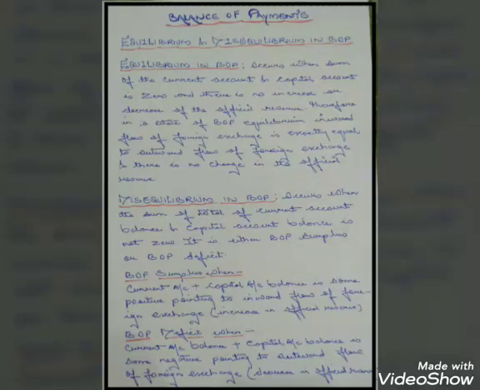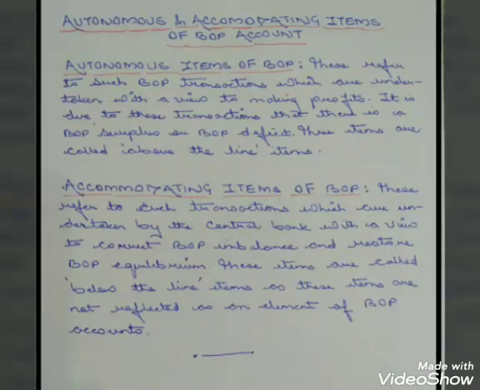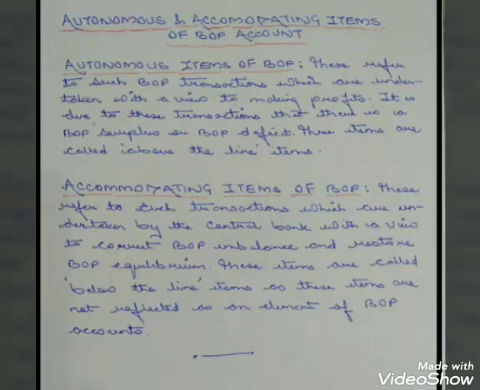Now let's talk about the autonomous and accommodating items of balance of payment account. The first one is autonomous items of balance of payment. Children, the transactions or items in the balance of payment account are classified as autonomous and accommodating items.